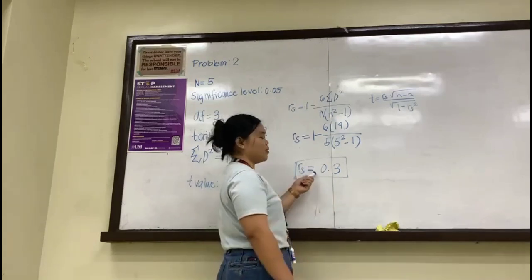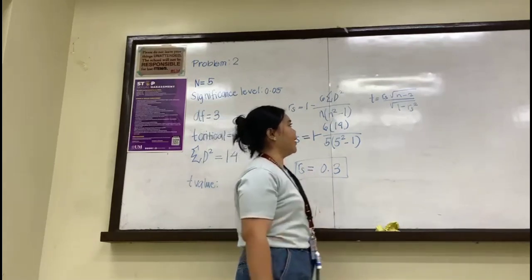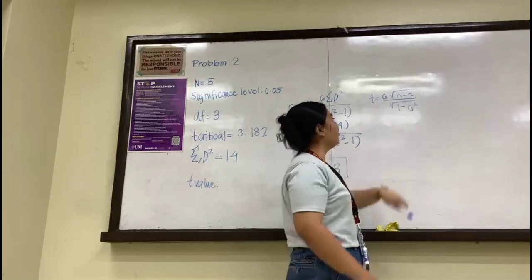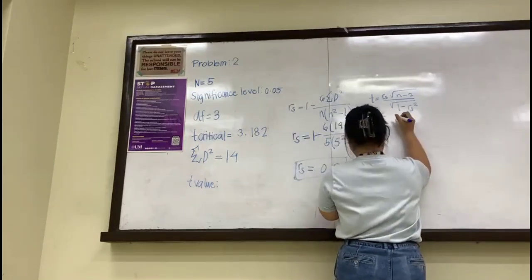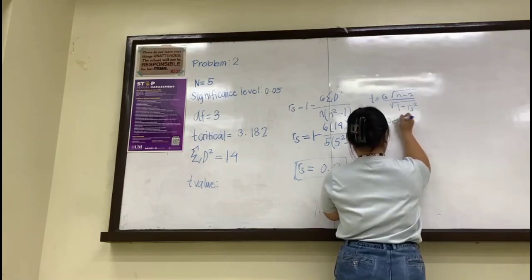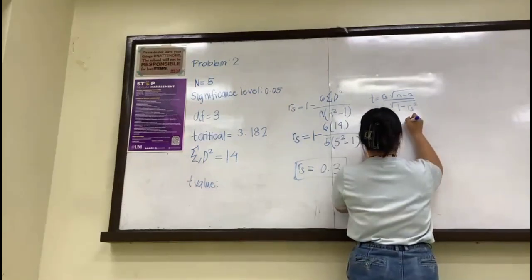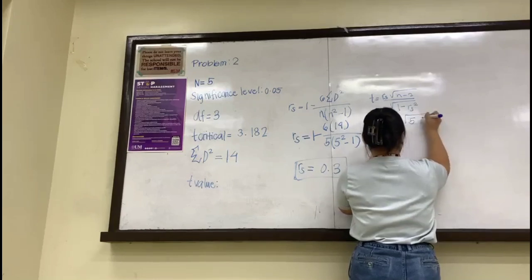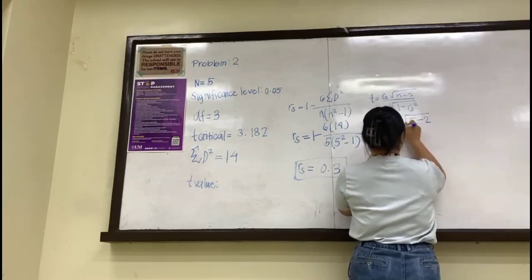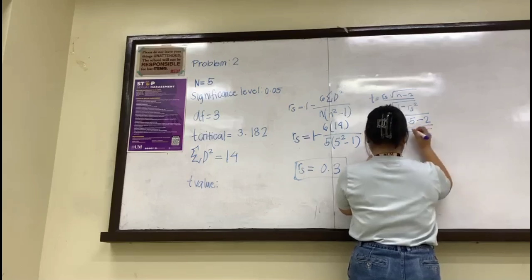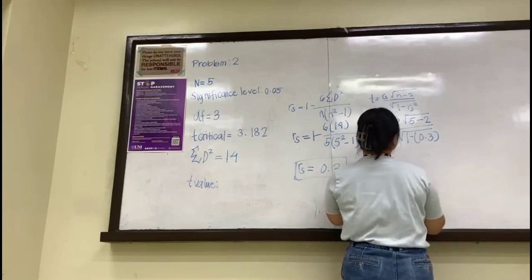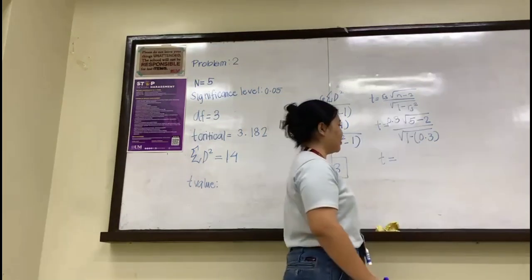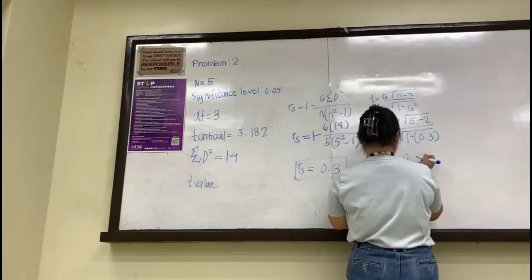So r sub s is equal to 0.3. And then to find our t value, use this formula.